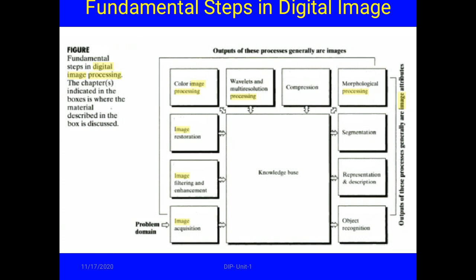So, next, the fundamental steps in image processing. The above diagram shows all the image processing techniques to be applied: color image processing, wavelet and multiresolution processing, compression, morphological processing, image restoration, image filtering and enhancement, image acquisition, segmentation, representation and description, object recognition, then the knowledge base.